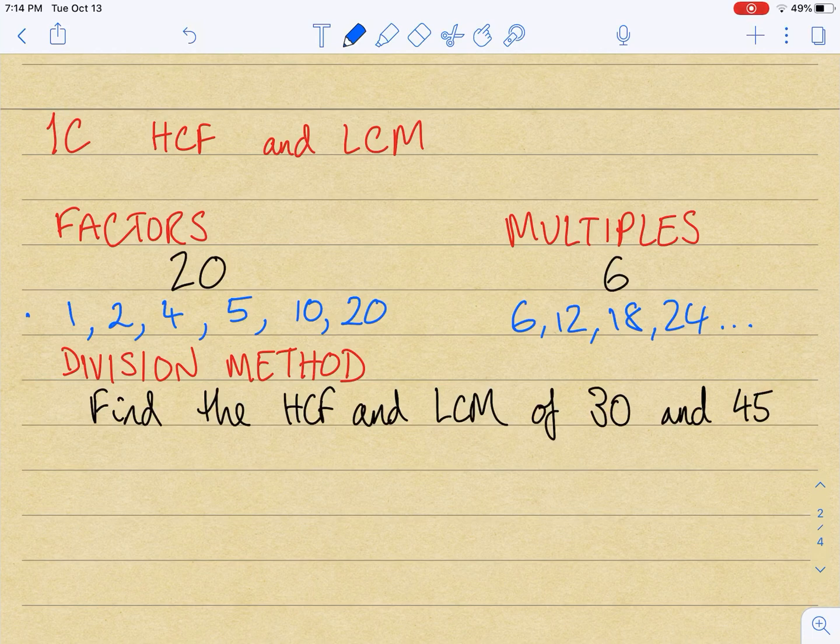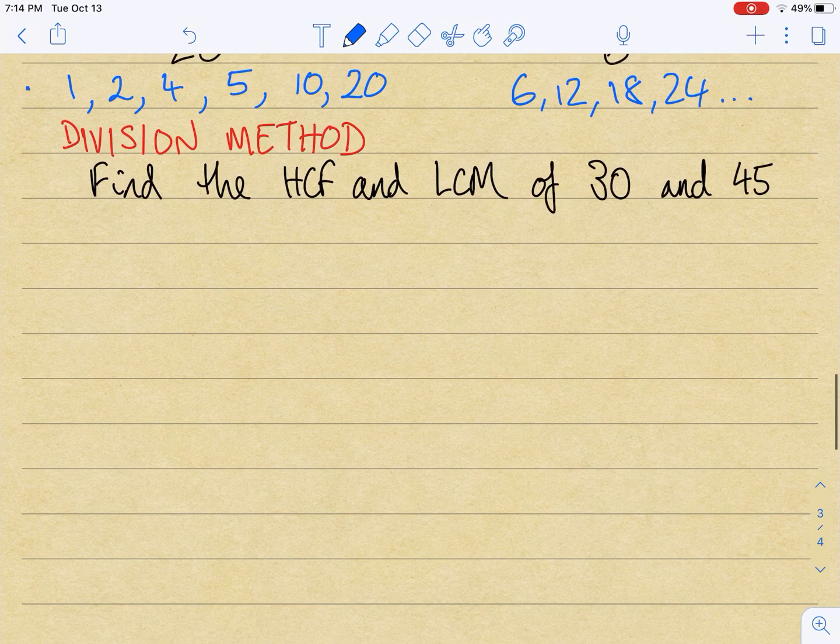Similarly, with lowest common multiple, you can list all of the multiples of 2 numbers and find the lowest one they have in common. But there is another method that I'm going to focus on here, and that is the division method. So I'm going to do 30 and 45. I want to know the highest common factor and the lowest common multiple for 30 and 45.